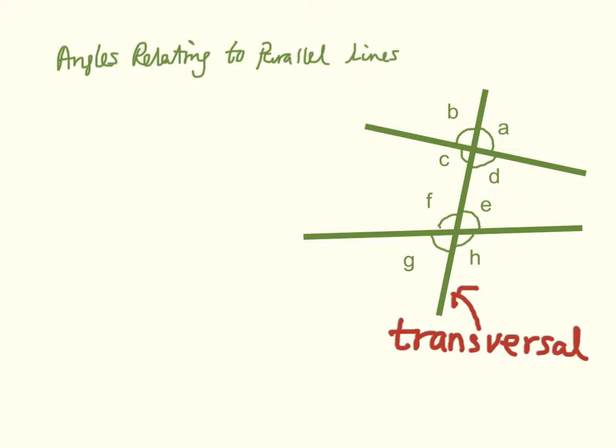A and E are called a pair of corresponding angles. So in the figures, there are 4 pairs of corresponding angles.